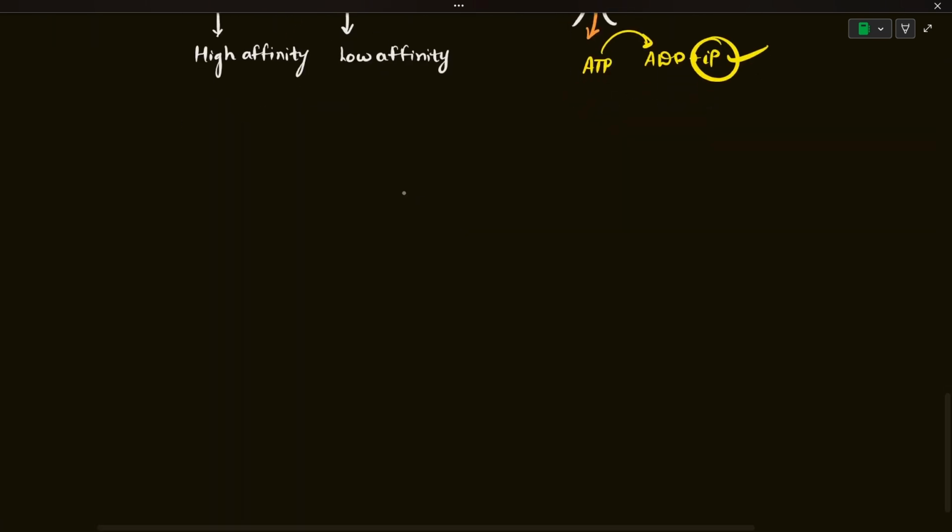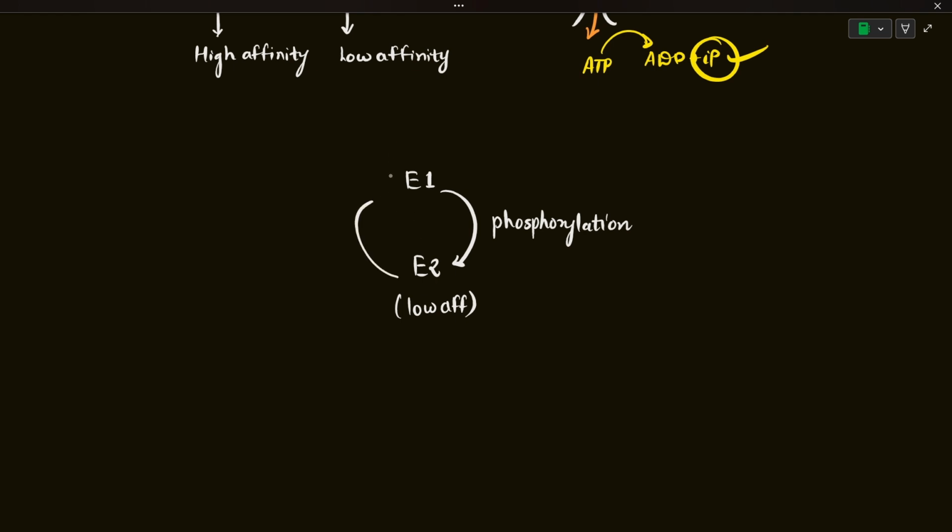So what happens is that the E1 state, which is a high affinity state, due to phosphorylation changes to E2 state, and E2 state is a low affinity state. Once the protein gets dephosphorylated, it changes from E2 to E1.